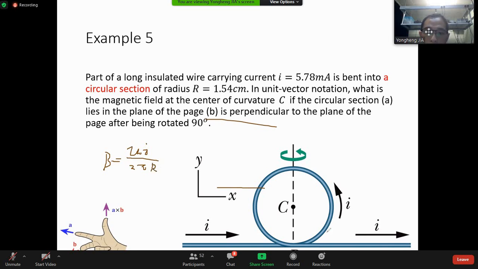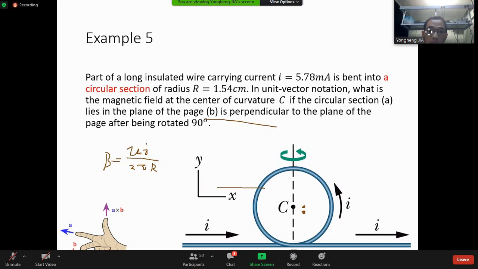Right, and for this case, the direction, I think, is pointing out of the page. Now for the circular wire, again, the direction for this case is also pointing out of the page, right?